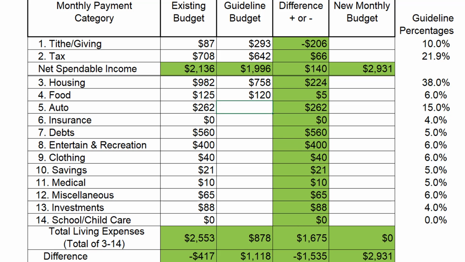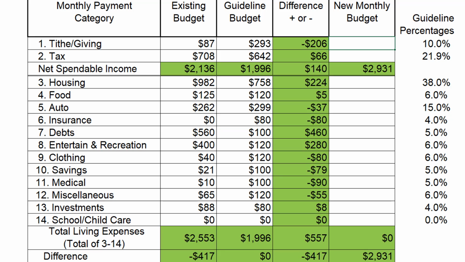In the same column across from auto, 15% is used in the formula, and so on down through category 14. Rather than take the time to do each of these individually, we will use the magic of video editing to fill in the column so we can move on.